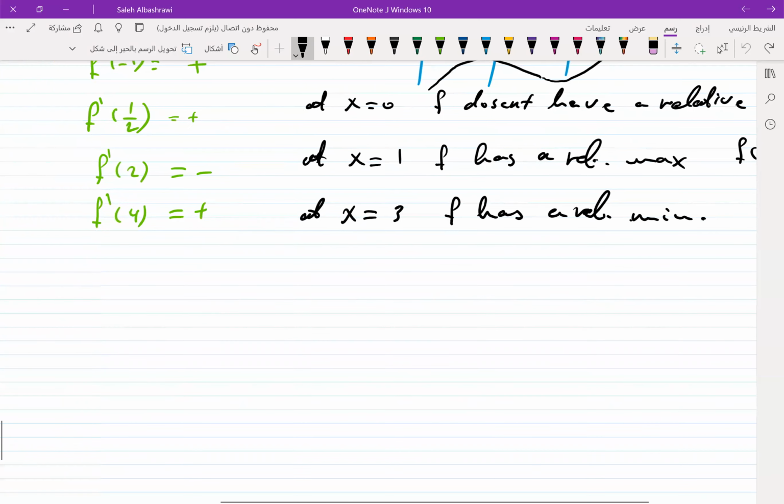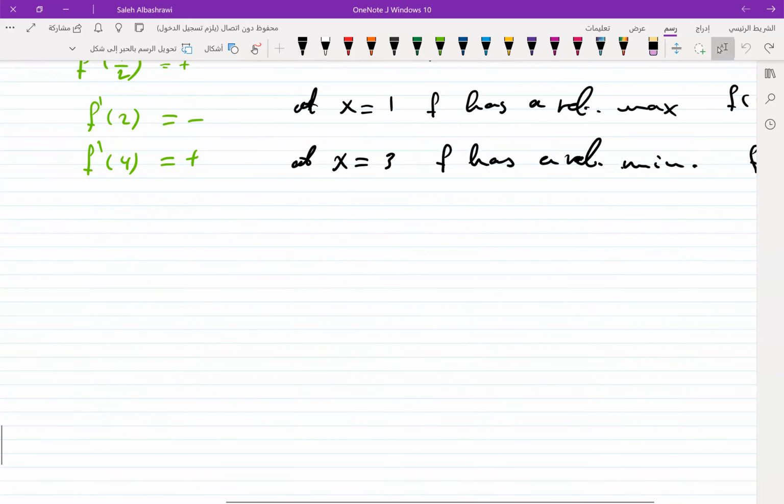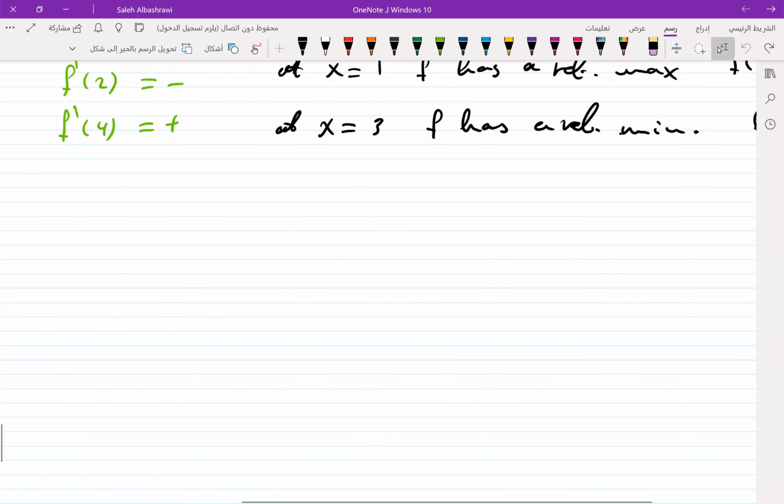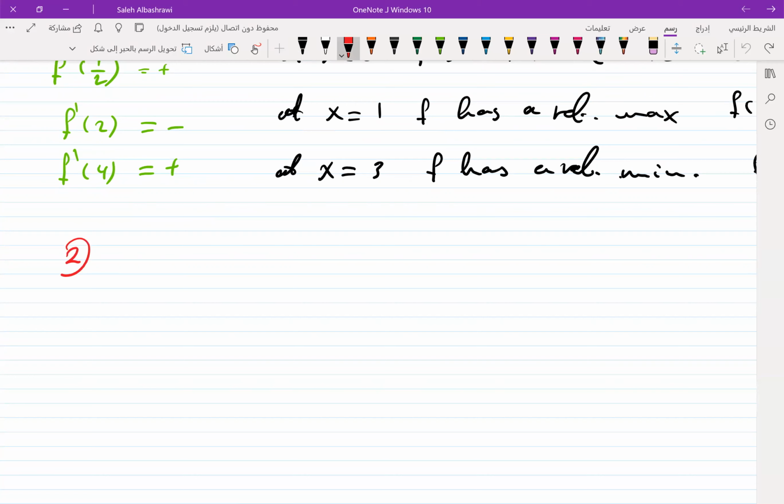Let's take another example. Number 2. F of x equal to x squared minus 4x plus 1. Let's find the critical point first. Step number 1.